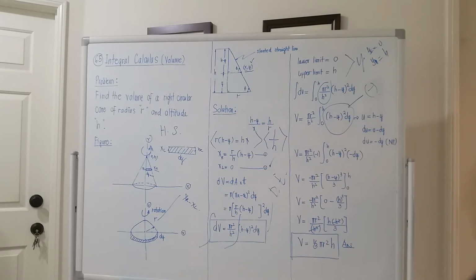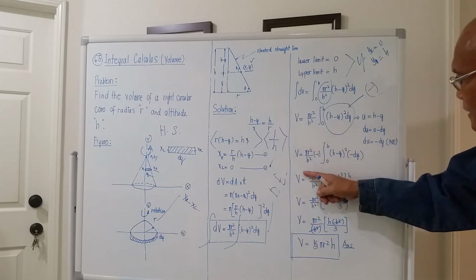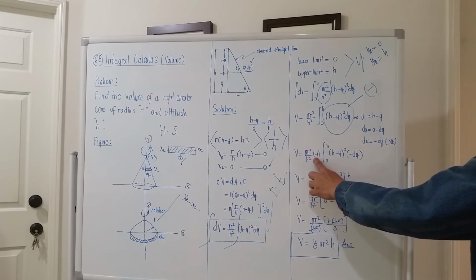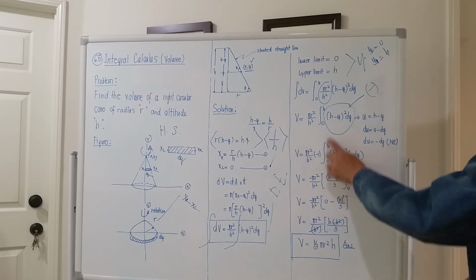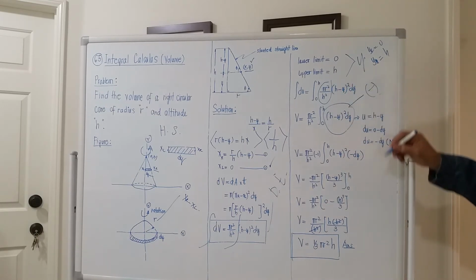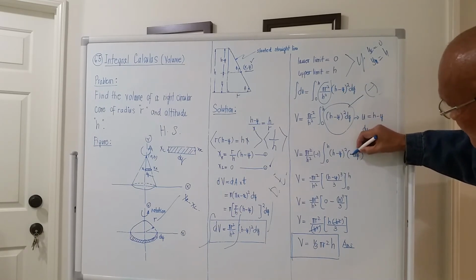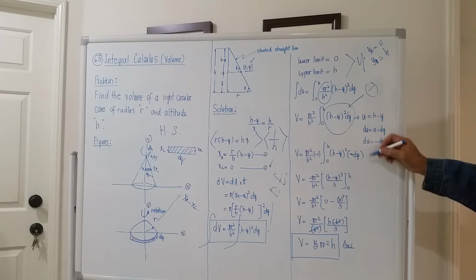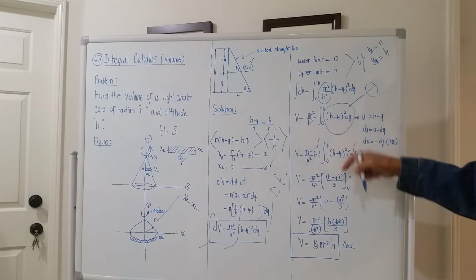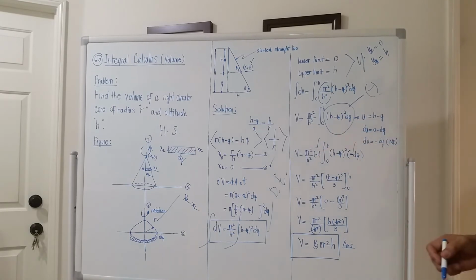So, to integrate it, volume will be pi r square over h square. We place a negative 1 outside, and the integral from 0 to h of (h minus y) squared times the complete differential, minus dy. After placing this negative sign here and the negative sign outside, this now falls under the power formula.